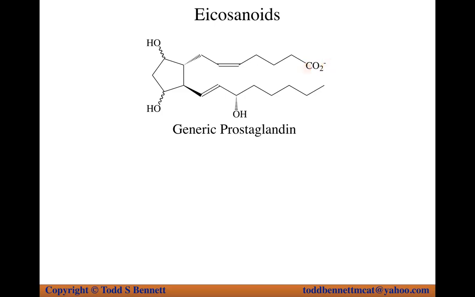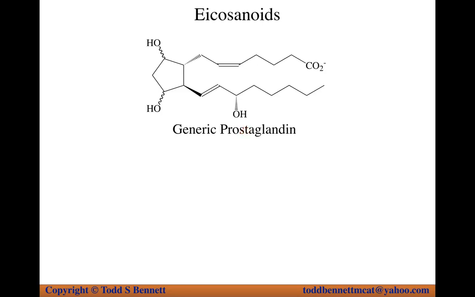But it'd be carbon 1, 2, 3, 4, 5, 6, 7, 8, 9, 10, 11, 12, 13, 14, 15, 16, 17, 18, 19, 20. So it comes from a 20 carbon fatty acid, a long chain fatty acid that is part of the whole prostaglandin cascade, is what we're going to say.